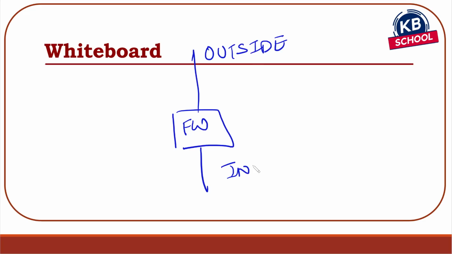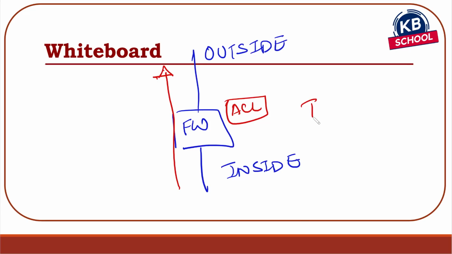This is my inside network. We talked about high to low allowed, low to high blocked, and you have an ACL that makes an exception to allow traffic from low to high. All this is for through traffic. The entire discussion was only for through traffic. It does not pertain to any to traffic.